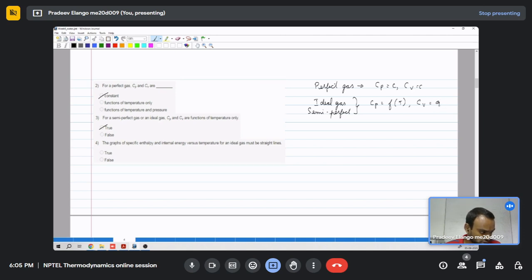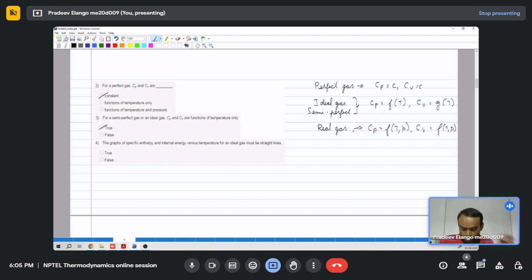And that is G of T. Whereas for real gas, Cp is a function of temperature and pressure. Similarly, Cv is a function of temperature and pressure.